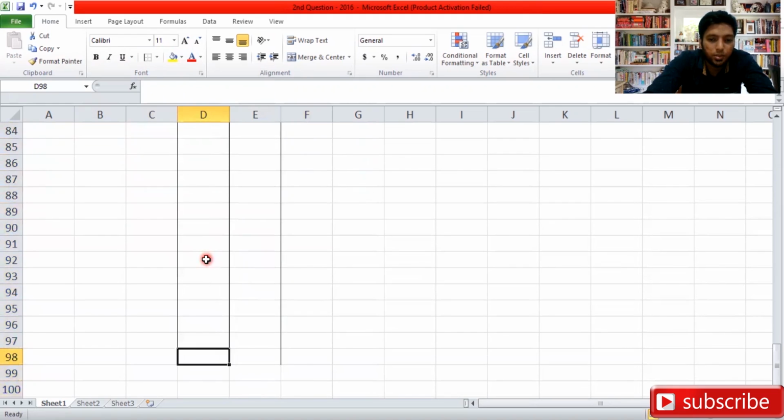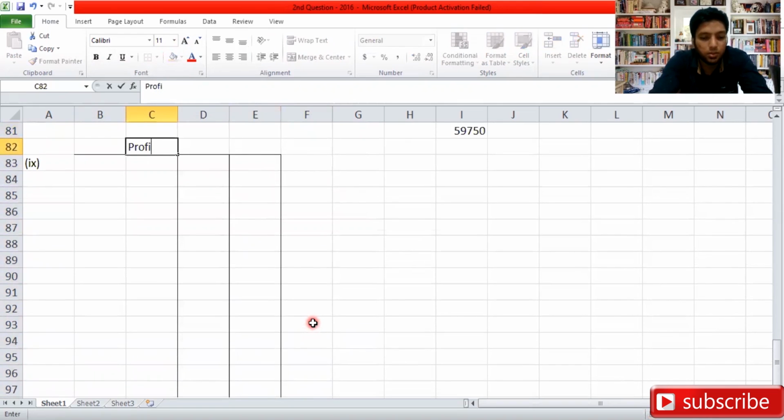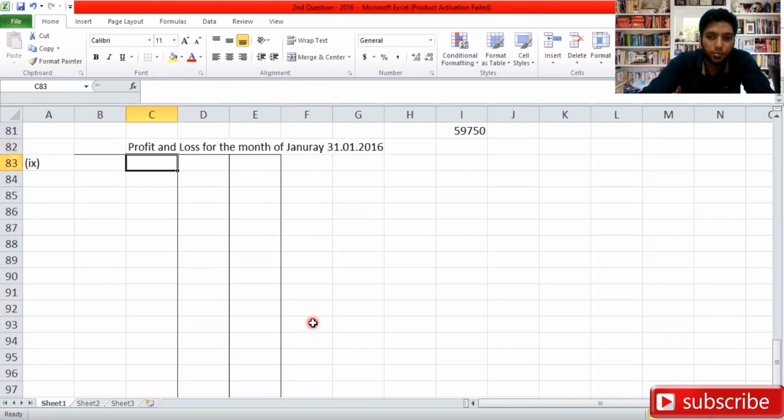Same thing applies here also. So I can keep it like this as open, and I can write profit and loss for the month of January, and we can say 31st 2016.